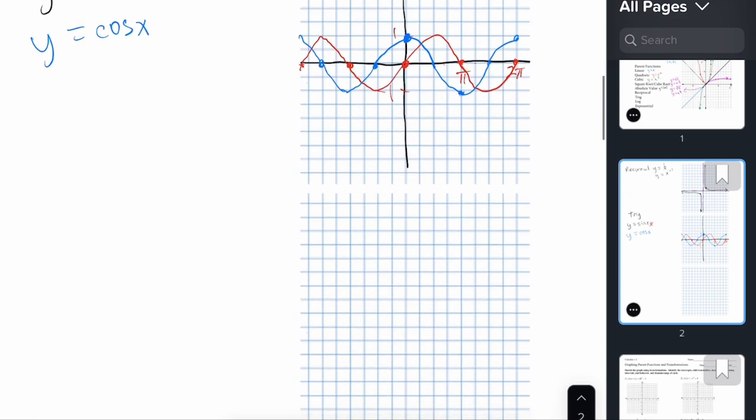And then lastly, log and exponential. So let's talk about log and exponential functions. For a logarithm, let me put my x and y axis.